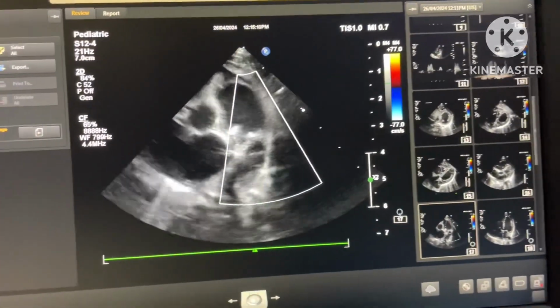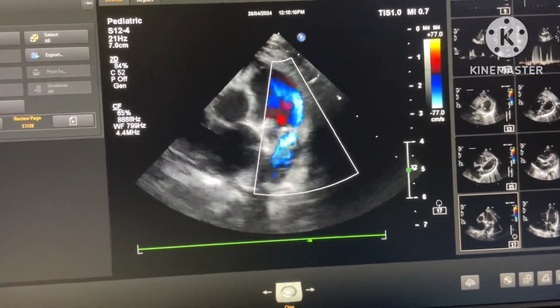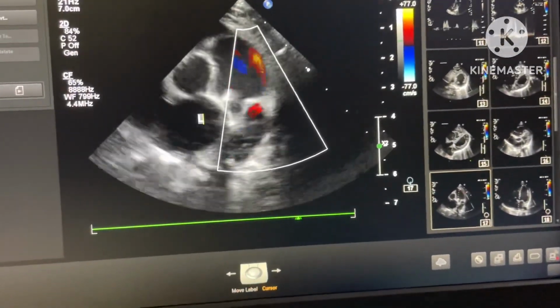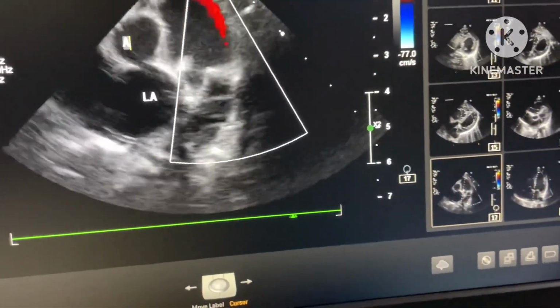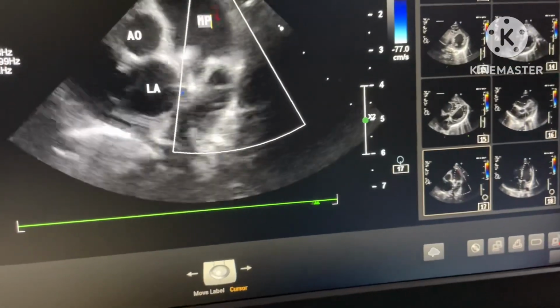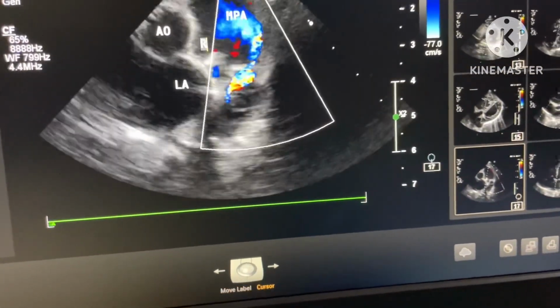In this image, you see the patent ductus arteriosus. This is the left atrium. This is the aorta, AO means aorta. This is the main pulmonary artery or pulmonary trunk. This is the right pulmonary artery.